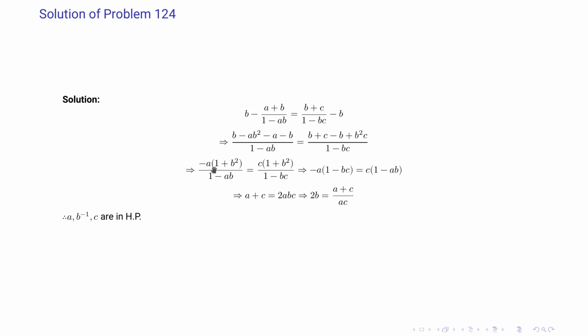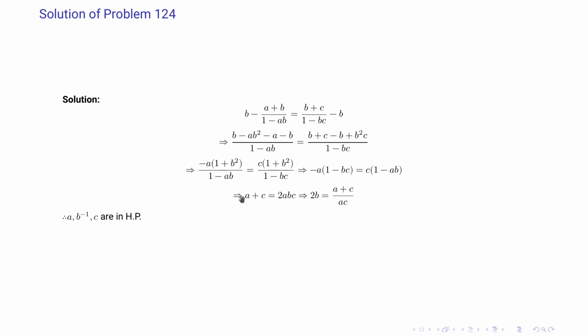So the left hand side is minus a into (1 plus b square), upon taking a common here in between these two, divide by (1 minus ab). And here we take c common, it becomes c into (1 plus b square) by (1 minus bc). We cancel out (1 plus b square), we get minus a into (1 minus bc) is equal to c multiplied with (1 minus ab).